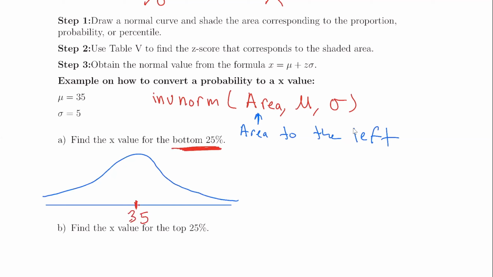So the bottom 25% will be this area over here, because when they say bottom, bottom usually means left tail. And this is the left tail. So this is our bottom 25%.